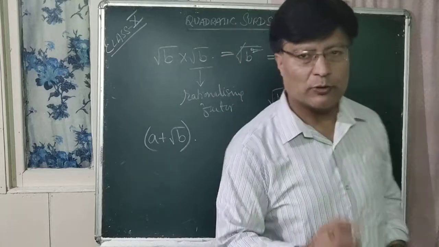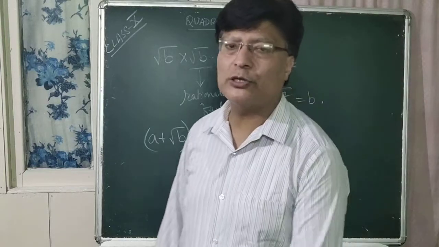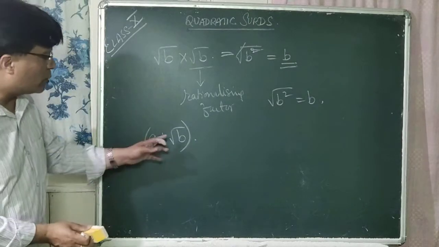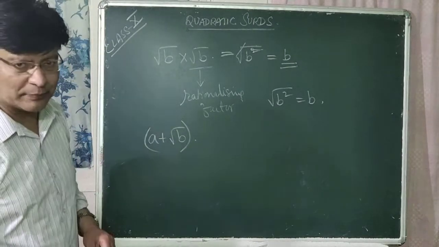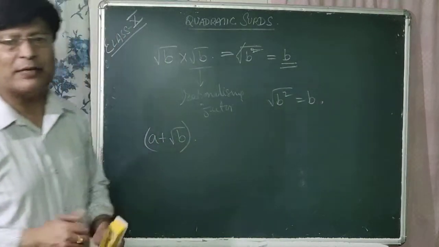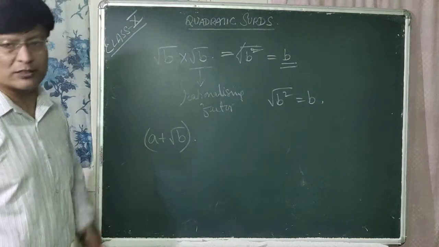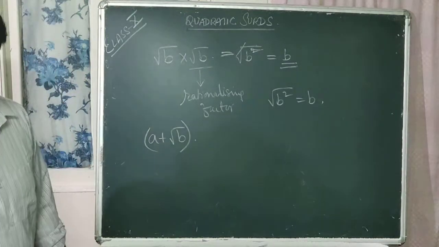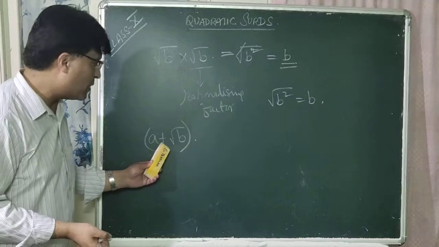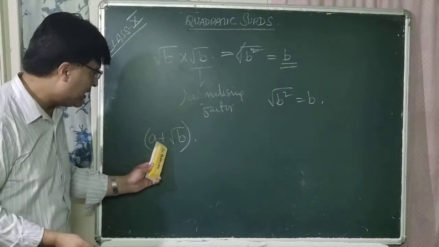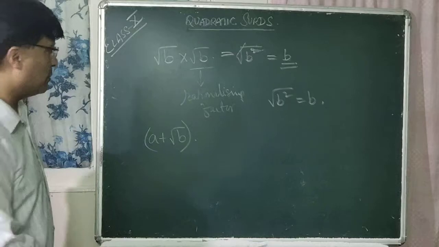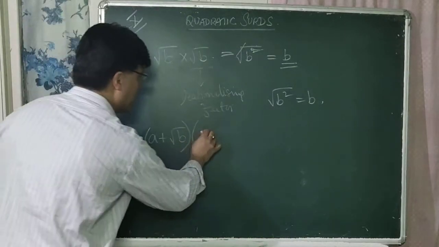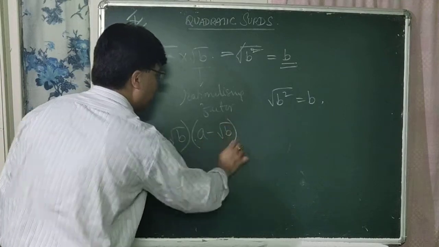Suppose there is a mixed surd a plus root over b. अब हामी यहाँबाट यो root over हटाउन चाहन्छौं, हैन त? यो root over हटाउँदा केले मल्टिप्लाई गर्नुपर्छ? यस्तै नम्बर तर अपोजिट साइडले मल्टिप्लाई गर्नुपर्छ. यदि यो नम्बर प्लस छ भने माइनसले मल्टिप्लाई गर्नु, यो माइनस छ भने प्लसले मल्टिप्लाई गर्नु पर्यो. तर यहाँ a plus root b, त विदिन ब्रैकेट केले मल्टिप्लाई गर्नुपर्छ? a minus root b.